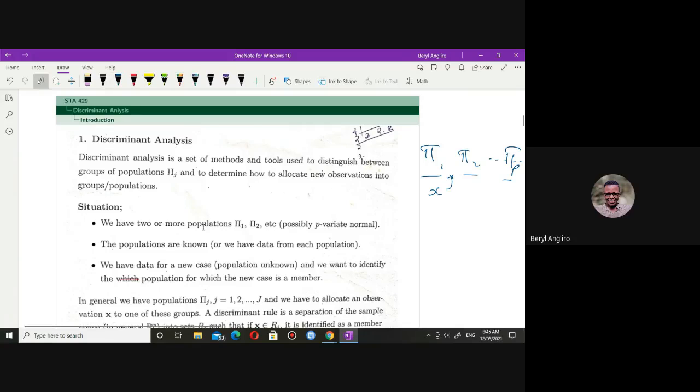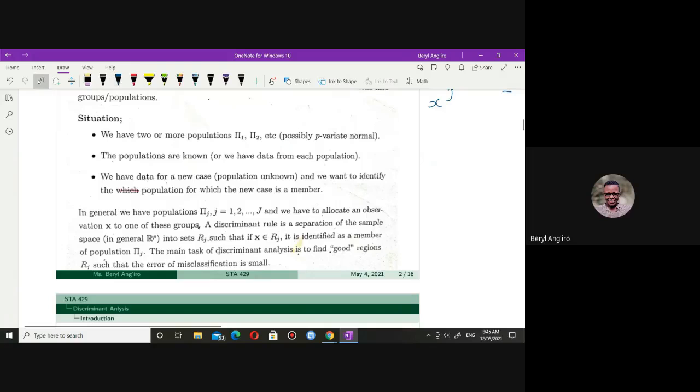In general, we have populations πj, and we have to allocate an observation vector x to one of these groups. A discriminant rule is a separation of the sample space into sets Rj such that if x is a member of Rj, it is identified as a member of population πj.